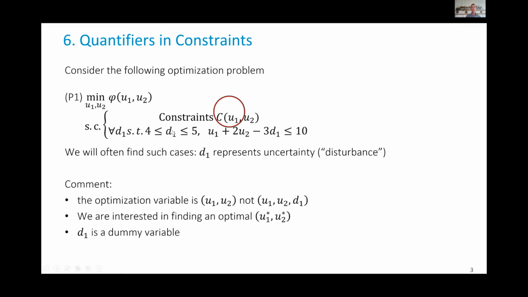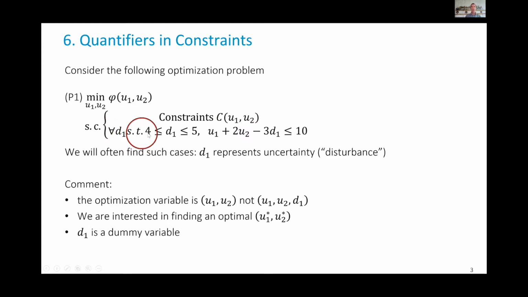And here there is one constraint that has a quantifier. The quantifier says for any D1 such that D1 is between 4 and 5, and this relation, U1 plus 2U2 minus 3D1 is less than 10. So implicit here is that D1 is a real number.